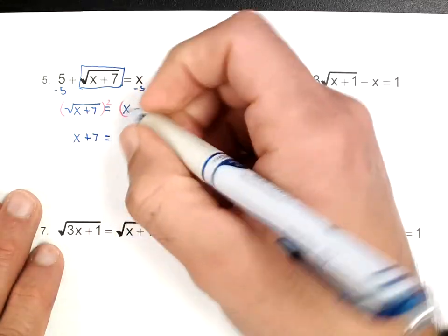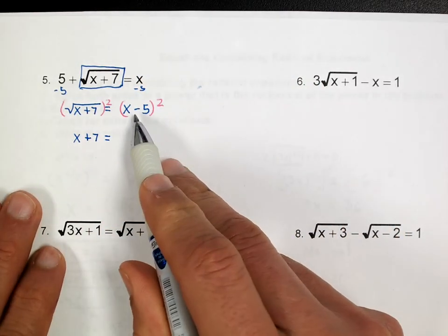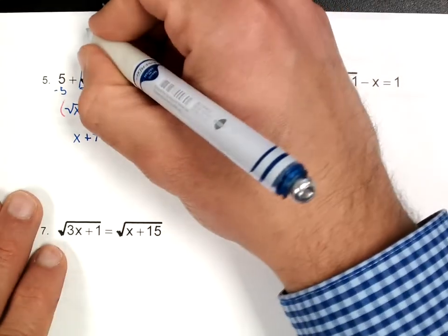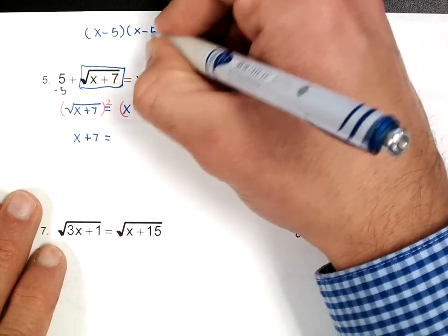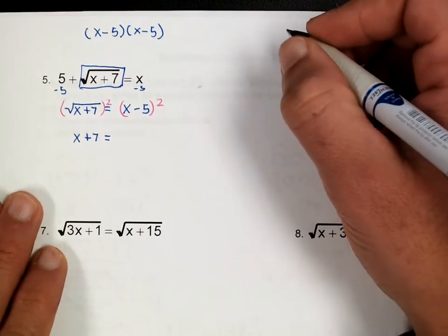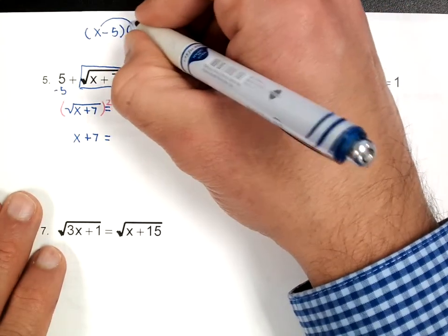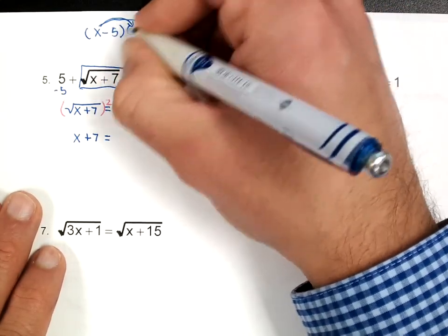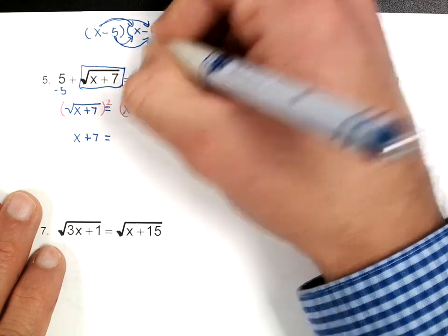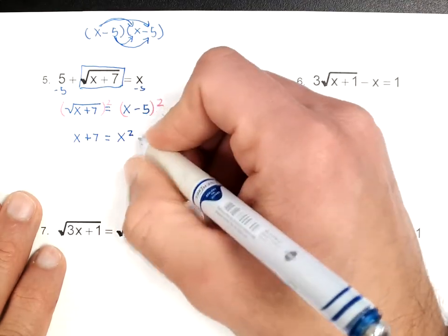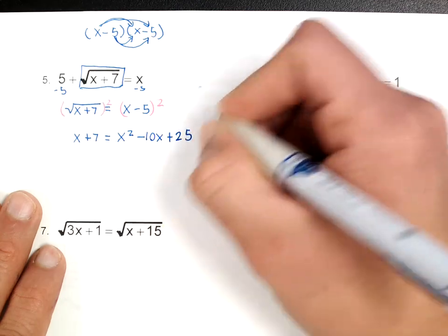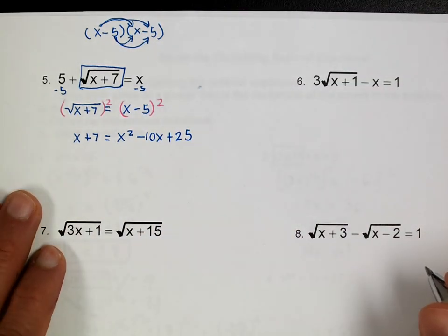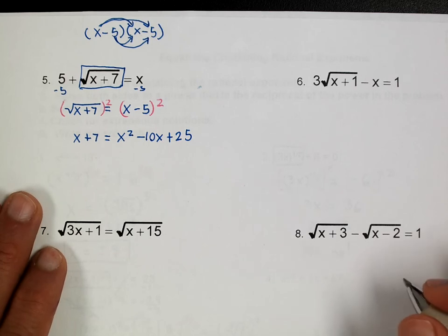Now if I square this, remember x minus 5 squared is the same thing as multiplying x minus 5 times x minus 5, which means you have to FOIL. And if you FOIL, you would get x squared minus 10x plus 25. That's what you would get if you FOIL.